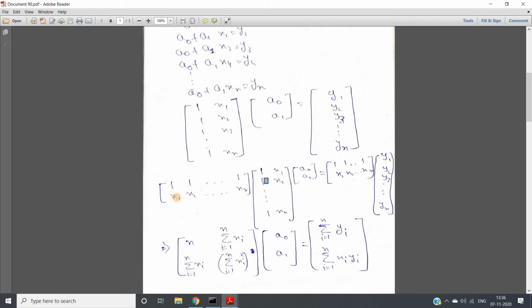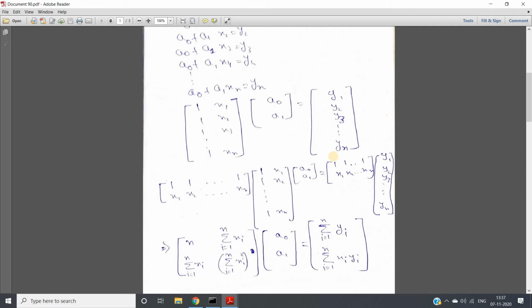Then the last coefficient: x1 multiplied by x1 gives x1 square, x2 multiplied by x2 gives x2 square, up to xn multiplied by xn gives xn square. So the term is x1 square plus x2 square plus x3 square plus x4 square up to xn square. First square, then take summation, right? So the expression will be the summation over i equal to 1 to n of xi square. This square term first we are computing, then we are taking the summation.